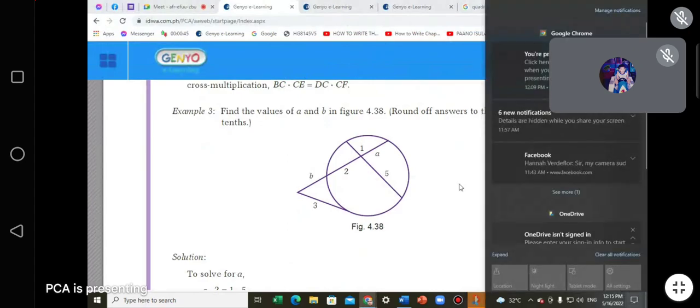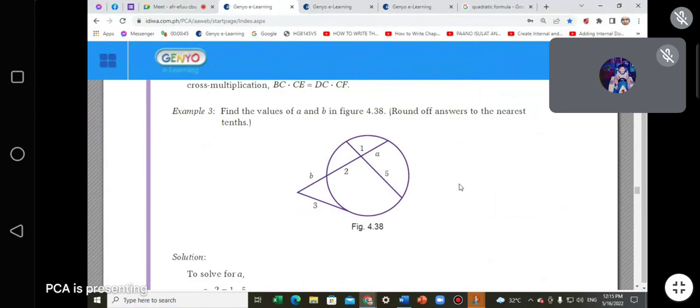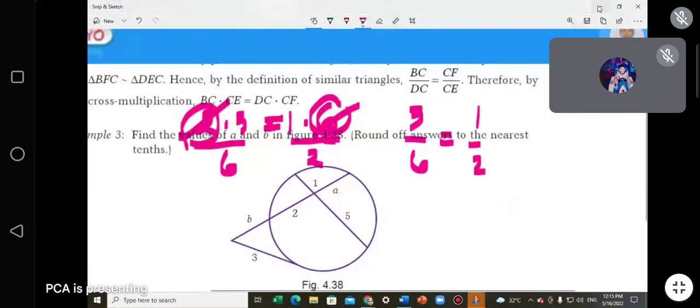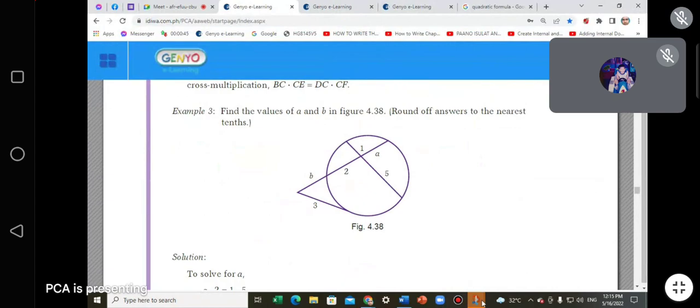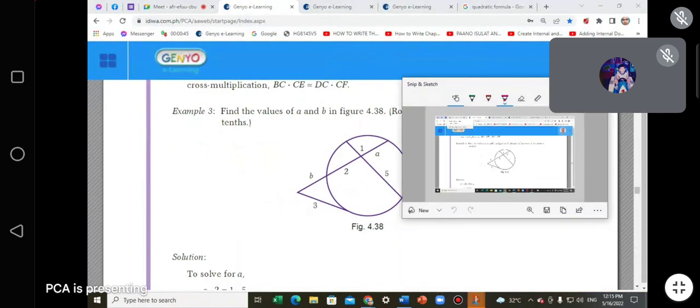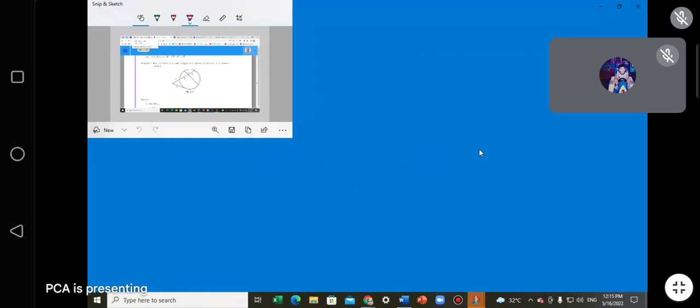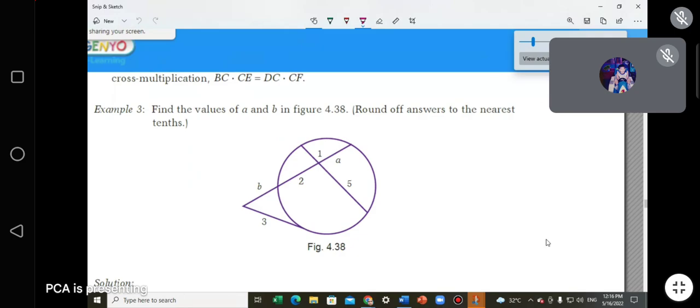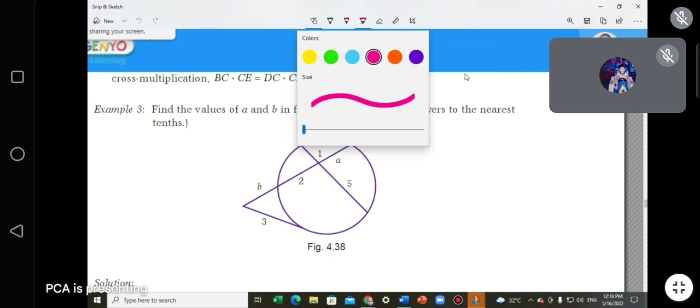We are just involving the parts of the segment, the secant as a whole. What are those parts? Don't get confused. What do we need there? Anyone?